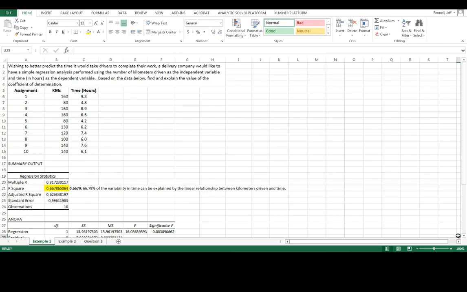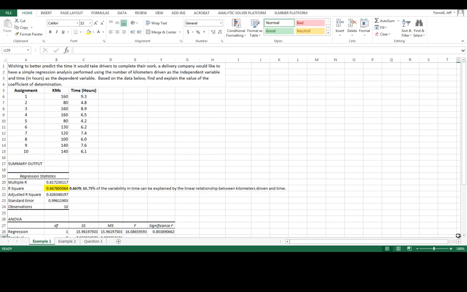Or really, another way to think about it: how good of a predictive model are we going to get when we use kilometers as our independent variable? Will that be able to accurately predict the time that it's going to take somebody to drive here? When we convert that to a percent, we say that 66.79% of the variability in time can be explained by the linear relationship between kilometers driven and time.